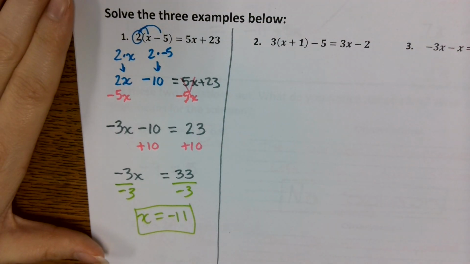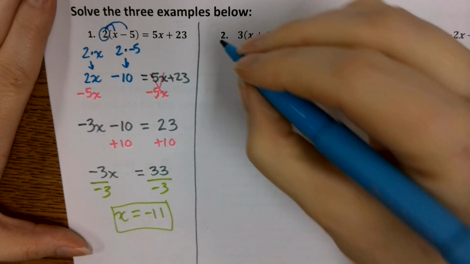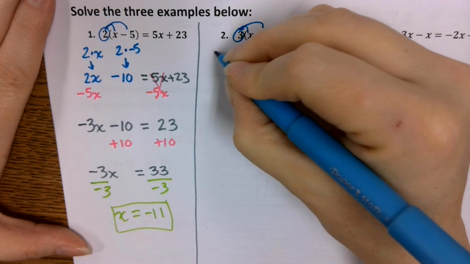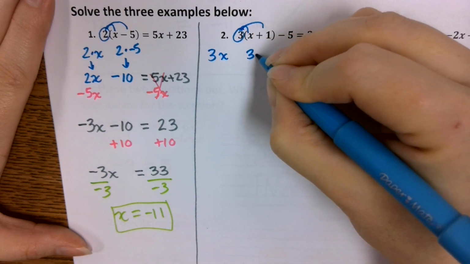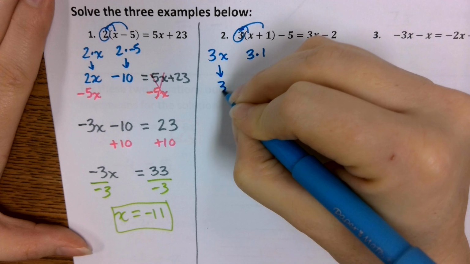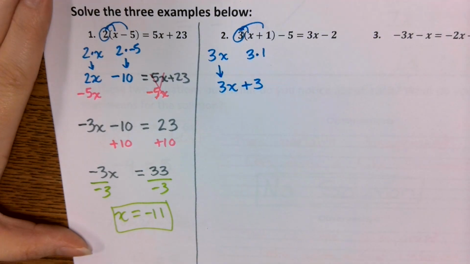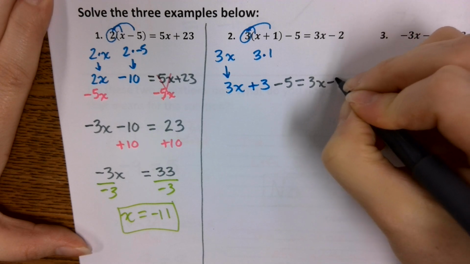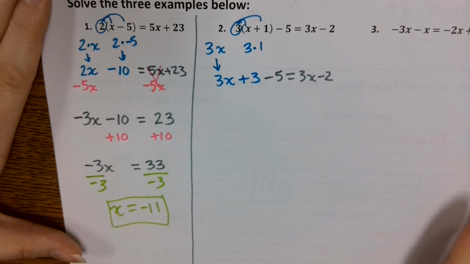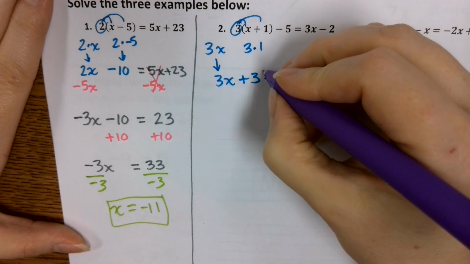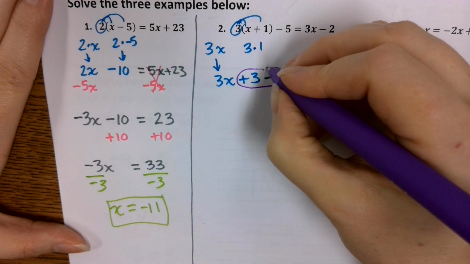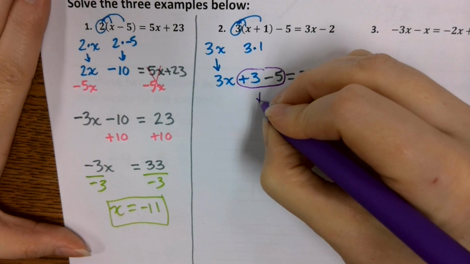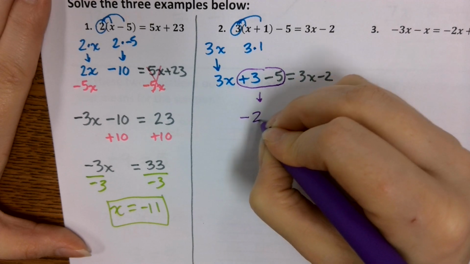Problem number 2. You're going to distribute 3 times x and 3 times the 1. So that's going to come out to 3x plus 3. You still have this minus 5 is equal to 3x minus 2. You then combine like terms that you can. I can combine the 3 and the minus 5, which is going to come out to a negative 2.